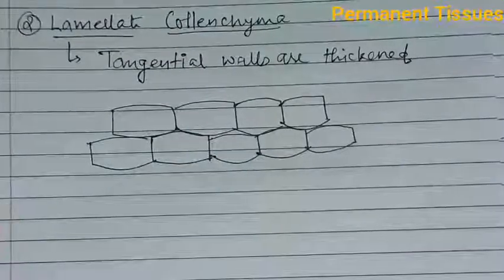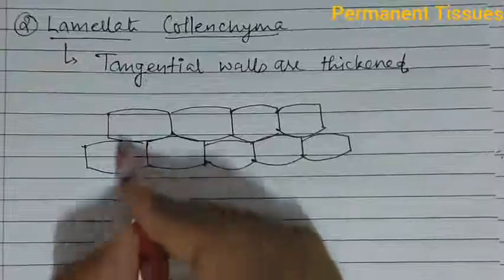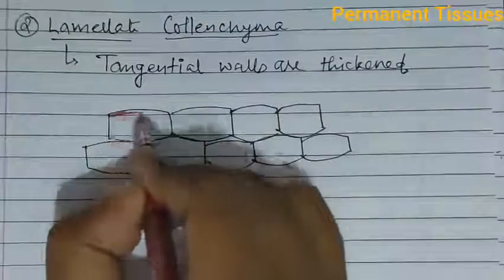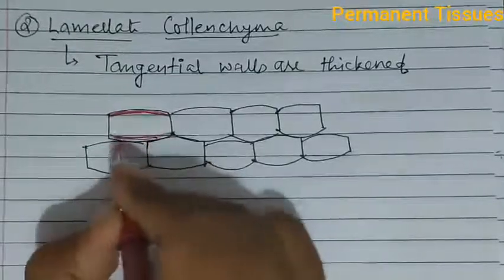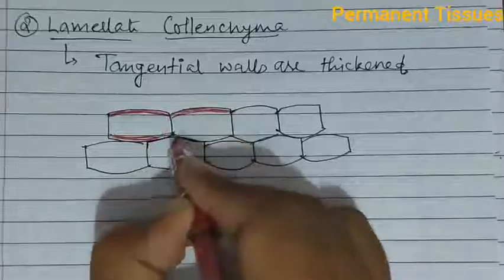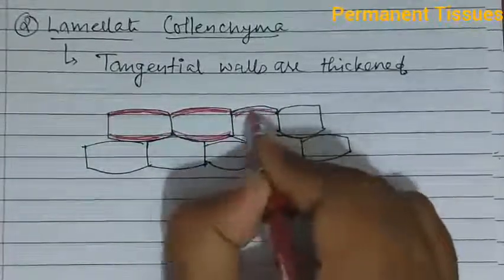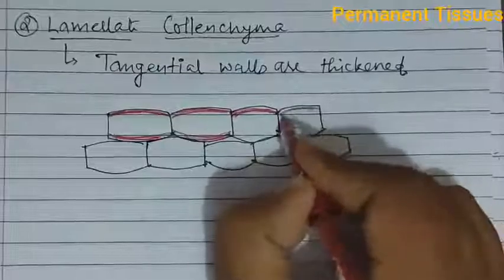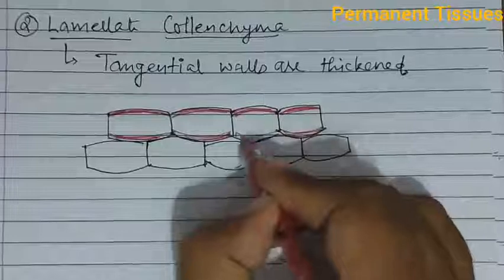if we see lamellate thickening, it is found on the tangential walls, meaning it is found here. The whole tangential wall is thickened, and these tangential walls are much thickened.